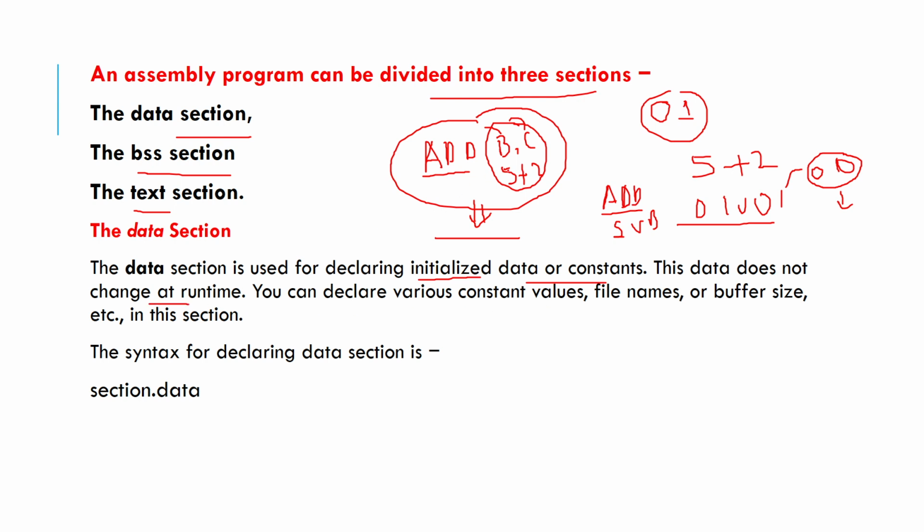I have initialized a variable b and assigned 5 as data. After addition it may be changed, but the value of 5 will not be changed at runtime. We can declare various constant values, file names, or buffer sizes in this section. The syntax for the data section is section dot data.